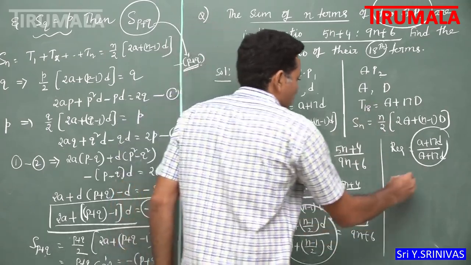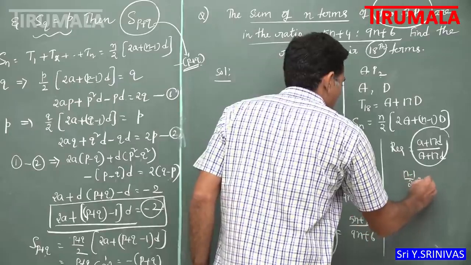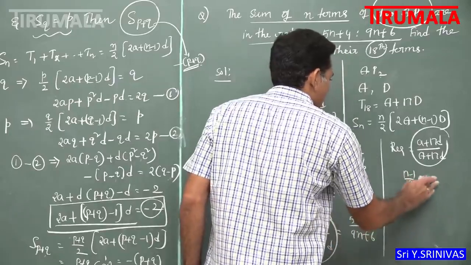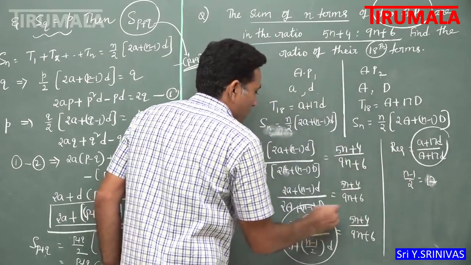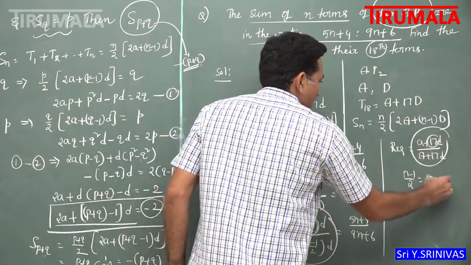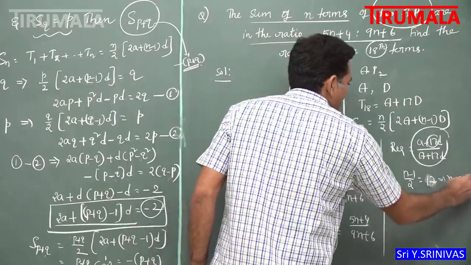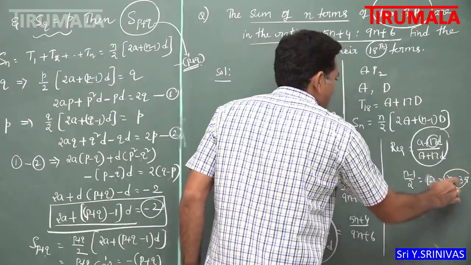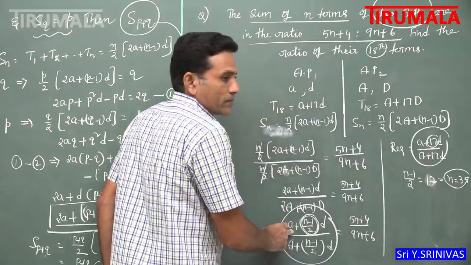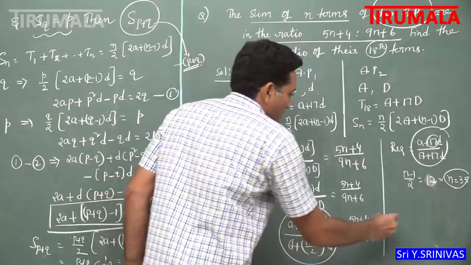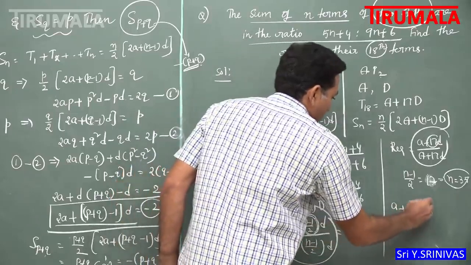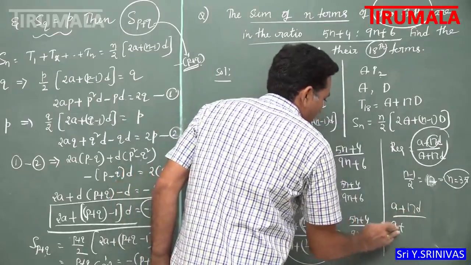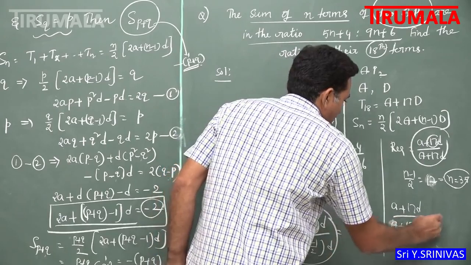We conclude that n minus 1 by 2 equals 17. Here n equals 35. We substitute n equals 35 here, and we get a plus 17d by capital A plus 17 capital D.